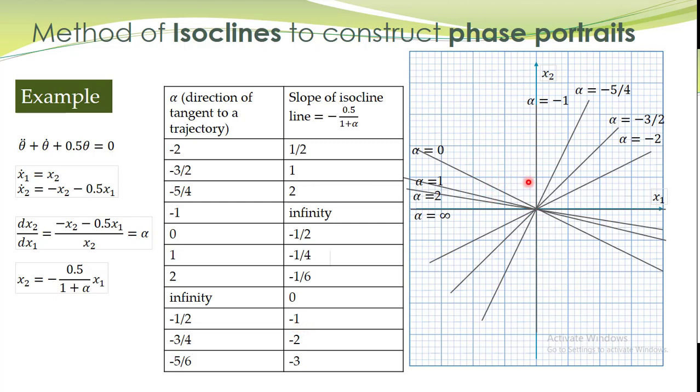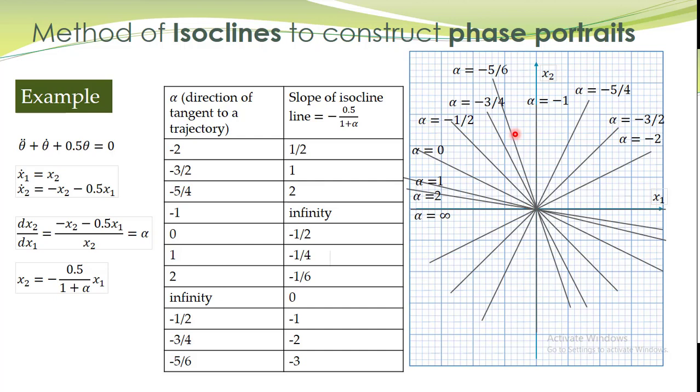This vertical box, 1 vertical box and 1 horizontal box in negative direction. So I shall mark one point over here, another point here. So draw a line joining these 2 points. And on this isocline, the slope of trajectories will be -1/2. Similarly, draw this line with alpha equal to -2. So that will be obtained by joining this point and this point. So that line is over here, and one more line, slope equal to -3.